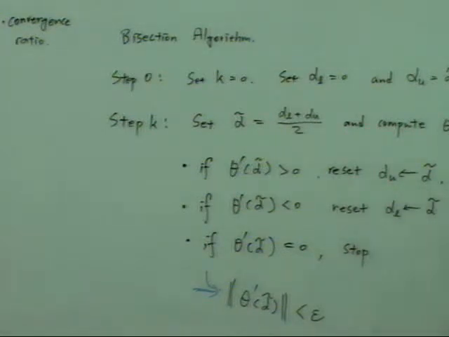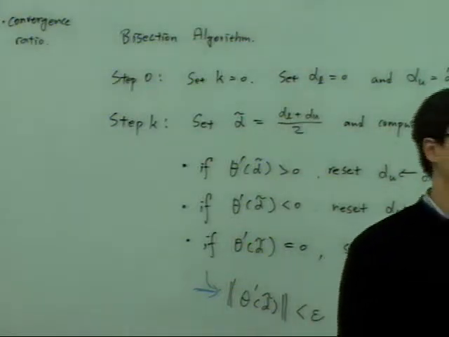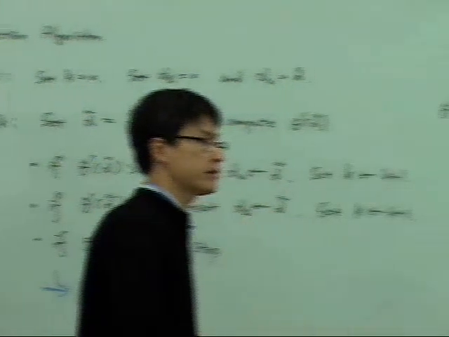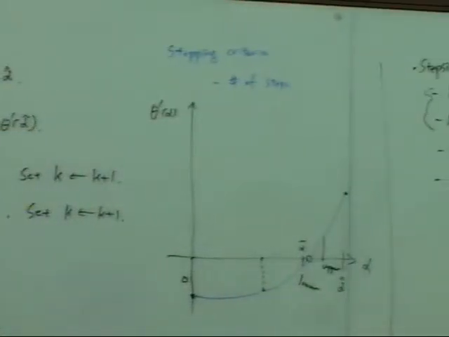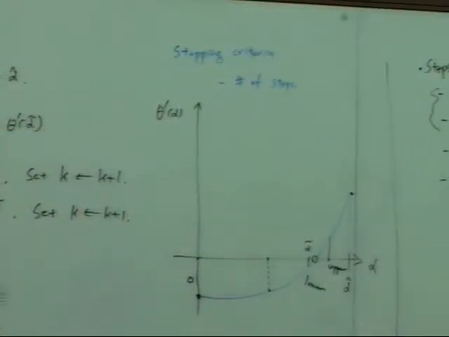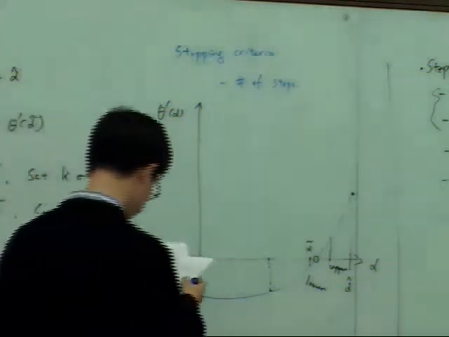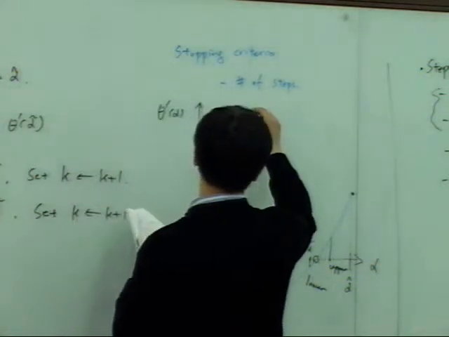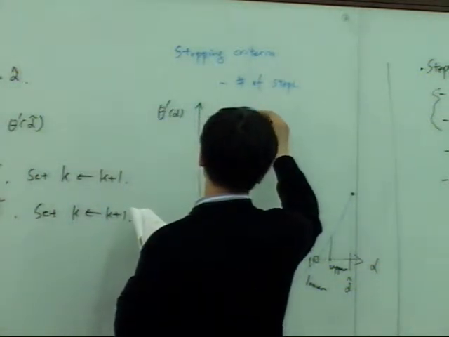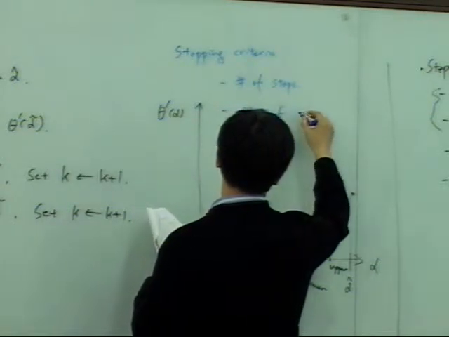One thing is the number of steps. If your iteration number k exceeds like 10,000 or 100,000, then you just stop. That's another tutorial. And the size of range.